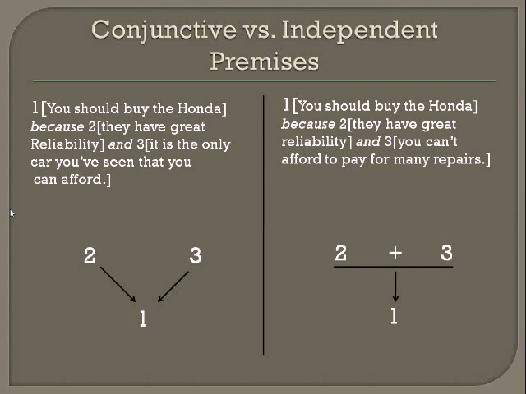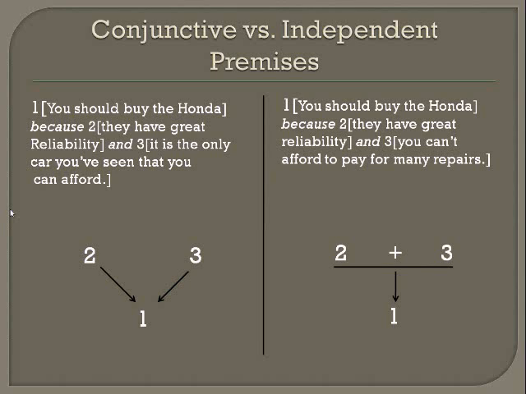So those two premises are linked together: the reliability, and that the reliability matters to you. It's better to represent those two premises as working hand in hand, and thus a plus sign is being used. So this very short example may offer you more insight into how to differentiate between premises working independent of one another and premises that are working in a conjoined way.